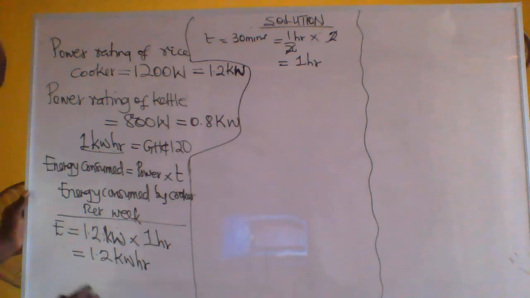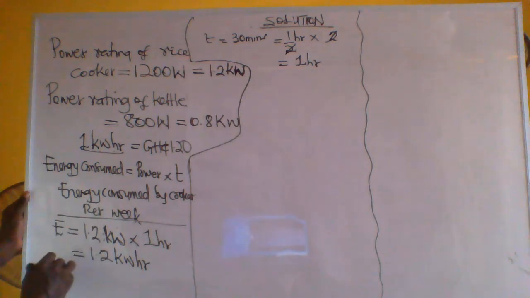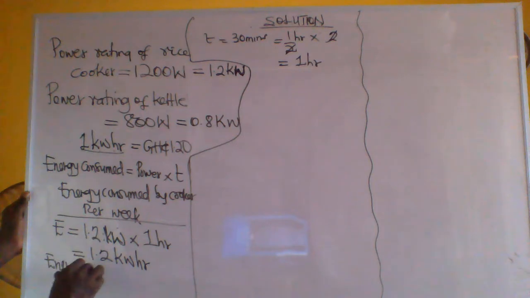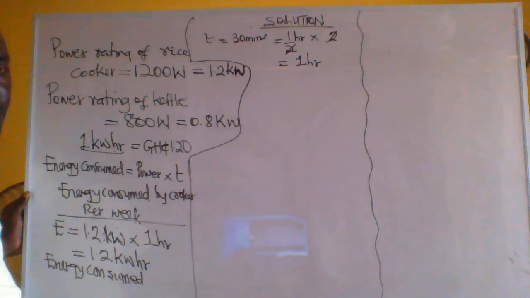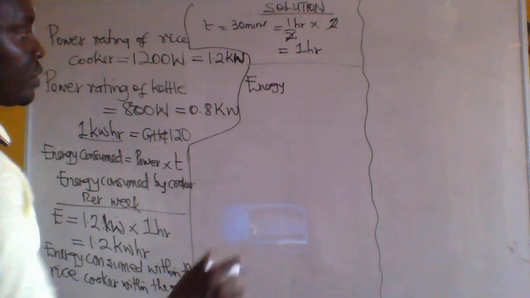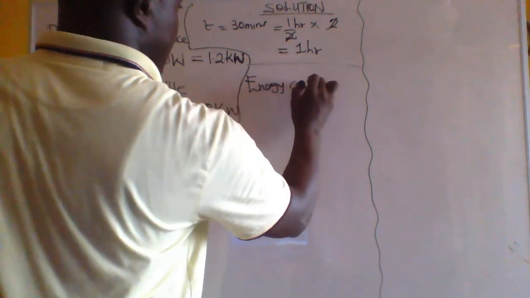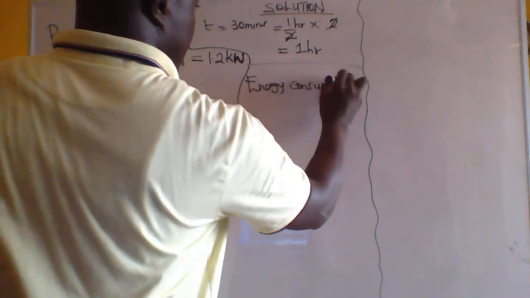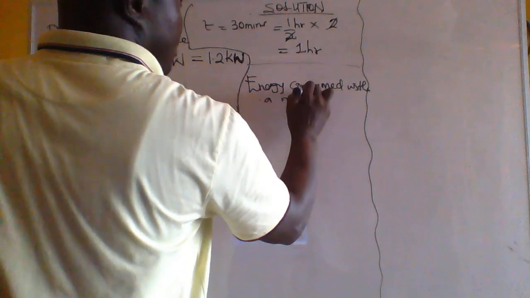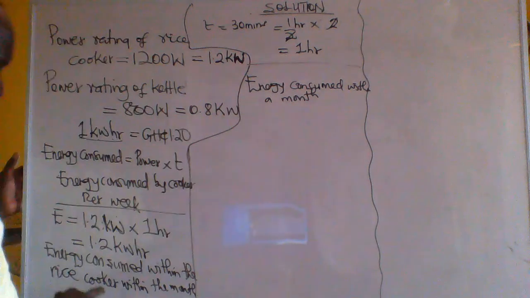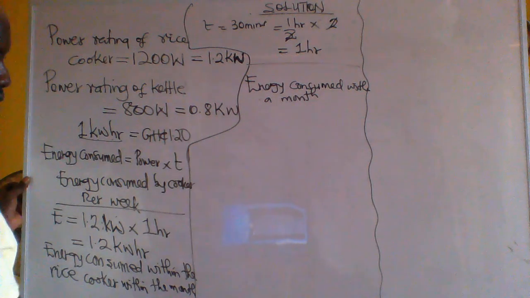So within the month, the energy consumed by the rice cooker must be 4 times the energy consumed within the week.